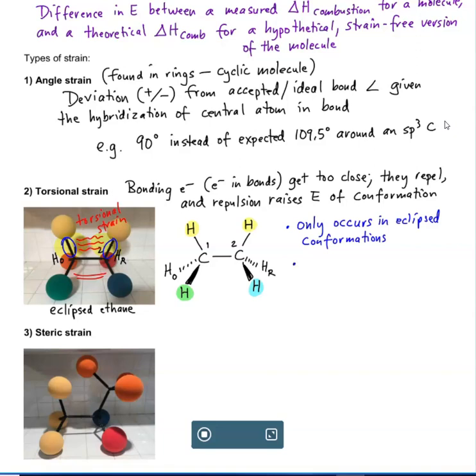And further, every eclipsed conformation has torsional strain, because in every eclipsed conformation, bonds are lined up in this way, and so the electron clouds in those bonds, front and back, are too close, causing this repulsion. So every eclipsed conformation has torsional strain.